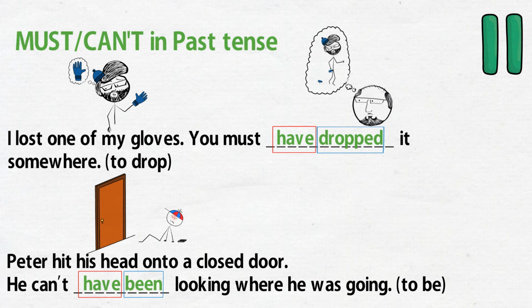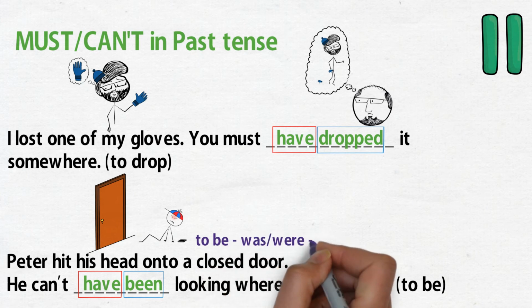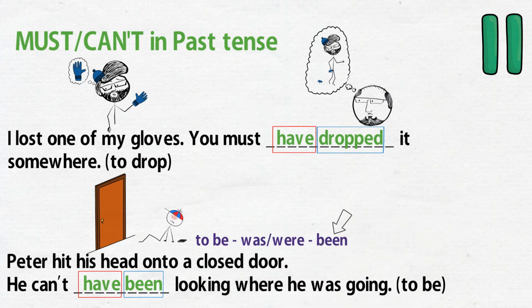Now, if you remember, to be is an irregular verb that changes like so. To be, was, were, been. Of course, these examples are not the only ways you can follow modal verbs can't and must.